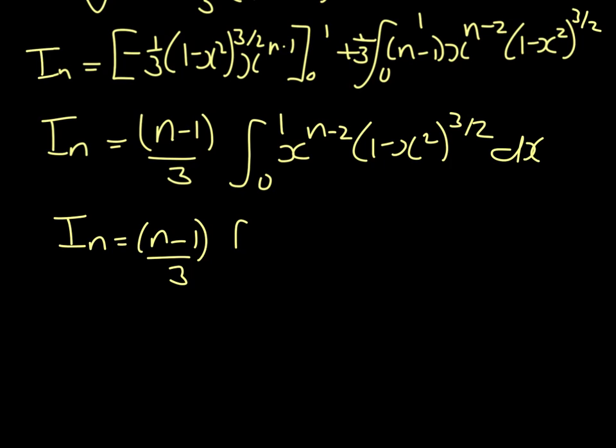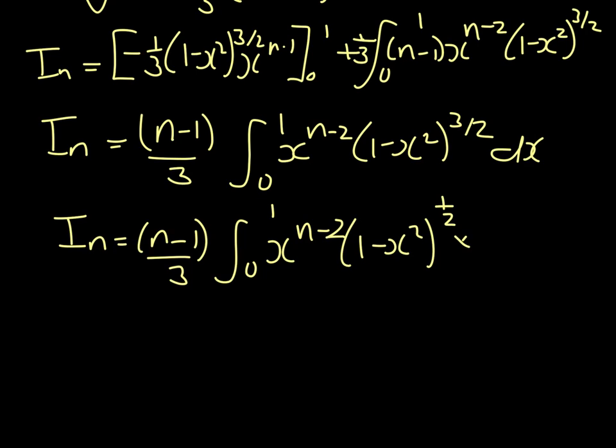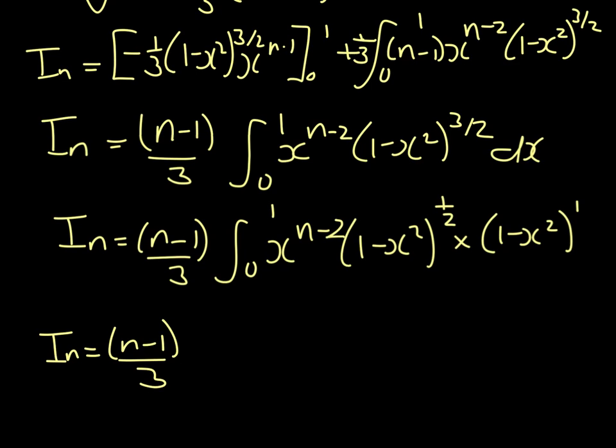Now we know that we need to have a (1 minus x squared) to the power 1/2. So we get 3 over 2, we need to multiply that by (1 minus x squared) to the power 1. This gives us that In equals (n minus 1) over 3. And what we're going to do is expand the brackets.